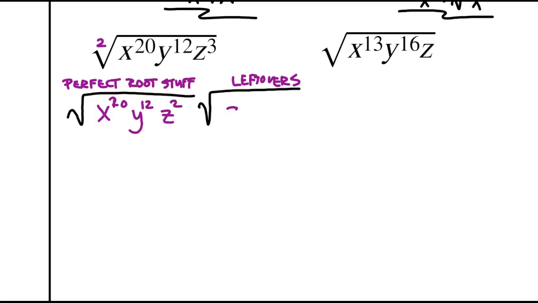So the only thing left over here is a z to the 1st. If I multiply all those factors out, I get what I started with, right? So now over here I will have x to the 10th, y to the 6th, z to the 1st, and then left inside the root is z to the 1st.